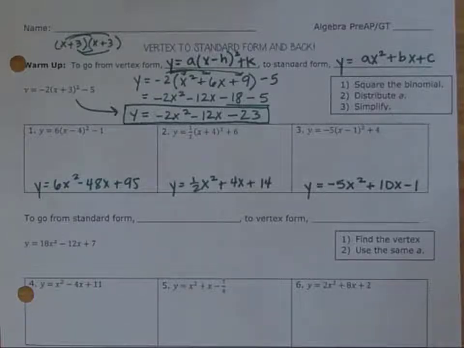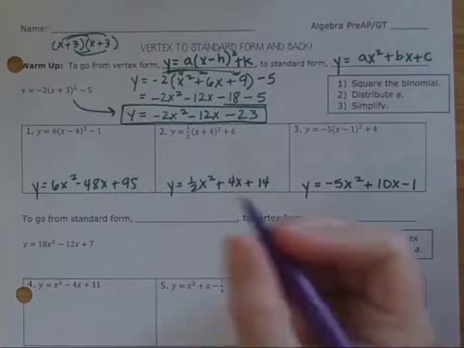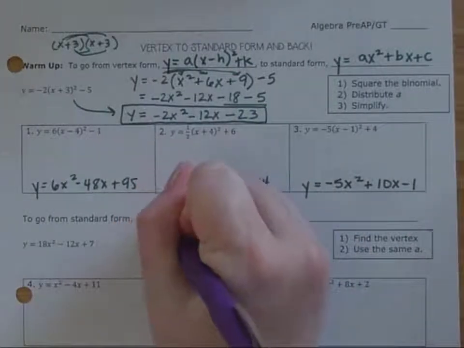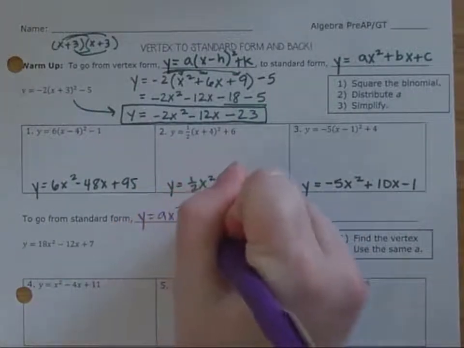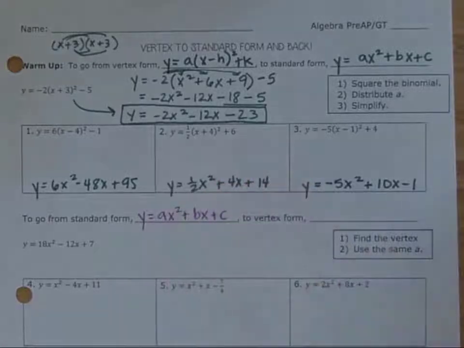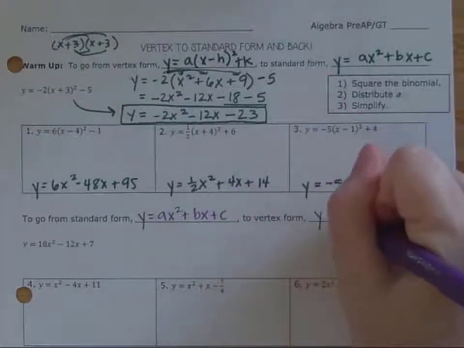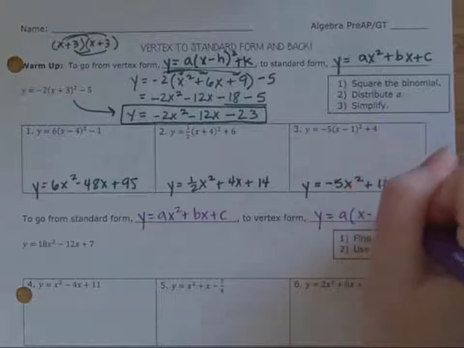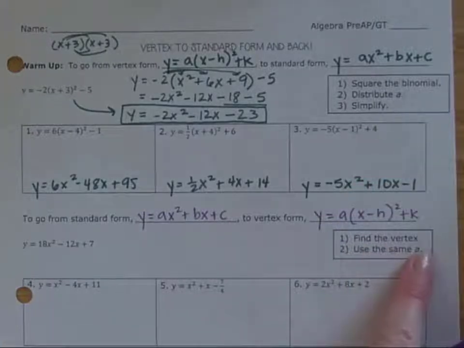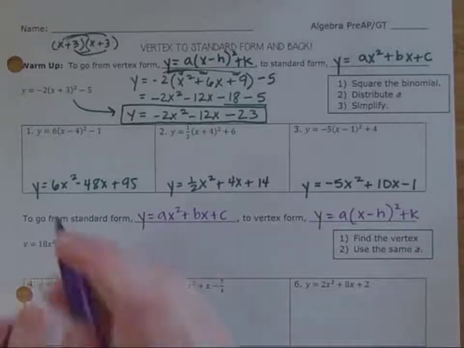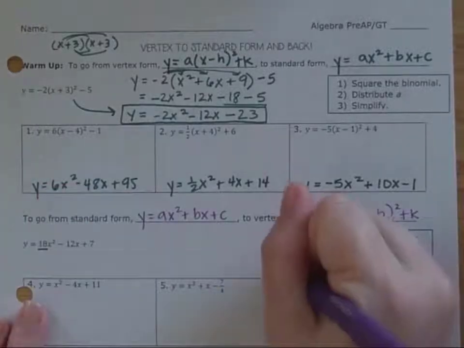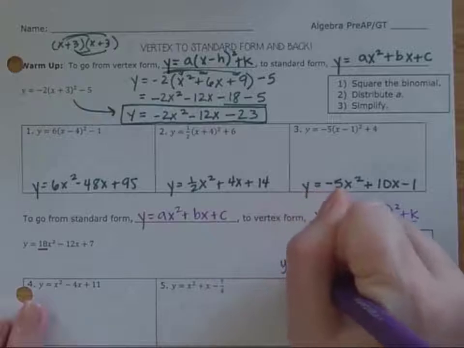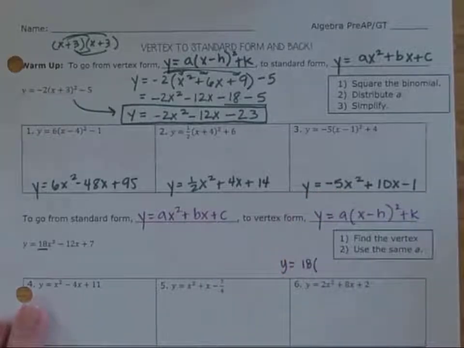To go the other direction, to go from standard form to vertex form, you need to find the vertex and then use the same a value. So I already have my a, it's 18, so I know my final answer is going to be y equals 18 parentheses something.